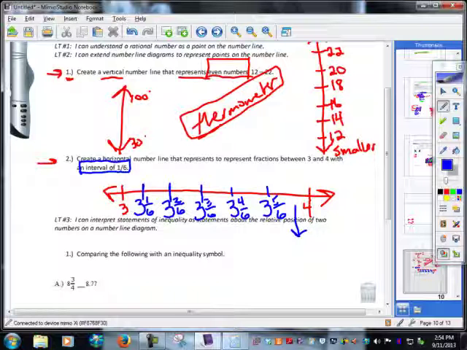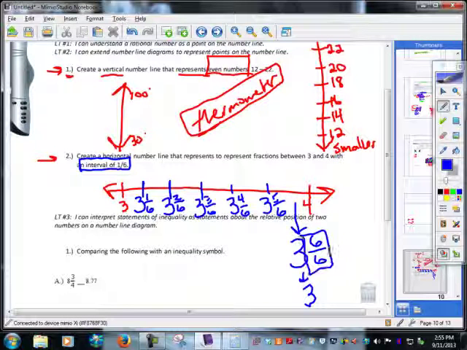This is wrong, but I just want to show you what some people were doing. They were saying 3 and 6/6. Now think about this. That means 3 entire pizzas, and then we have 6 out of 6 slices. Isn't that an entire other pizza? So 3 and 6/6 is 4. You would not put 3 and 6/6 on this number line. 4 is 3 and 6/6.